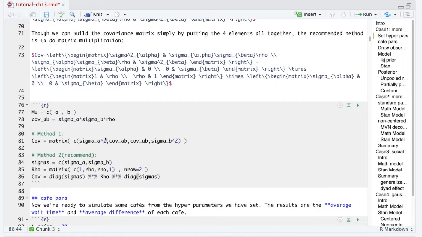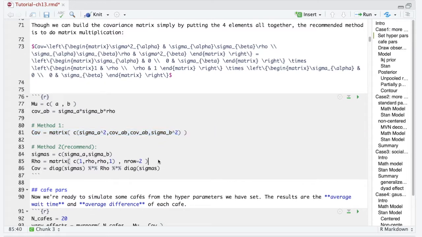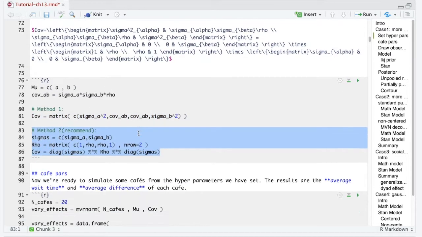And here is the R code for the two methods I mentioned. The first method is manual input, so you have to memorize the position of each element. The second method is the recommended one: you can just use the diagonal and matrix multiplication, and you will get the correct covariance matrix.